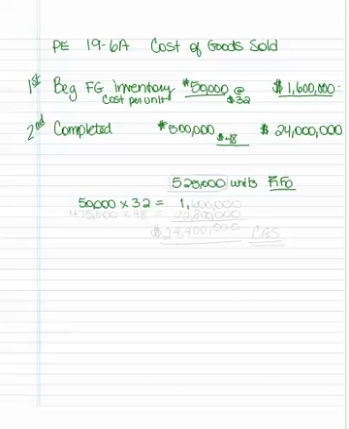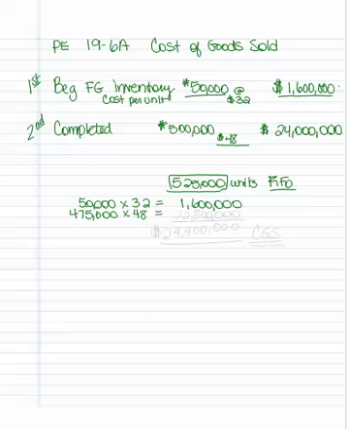If you multiply that out, it's $1,600,000. But then you know that you sold 525,000. So you're going to take away the 50,000, and you need 475,000 of the second layer, which costs you $48 each.